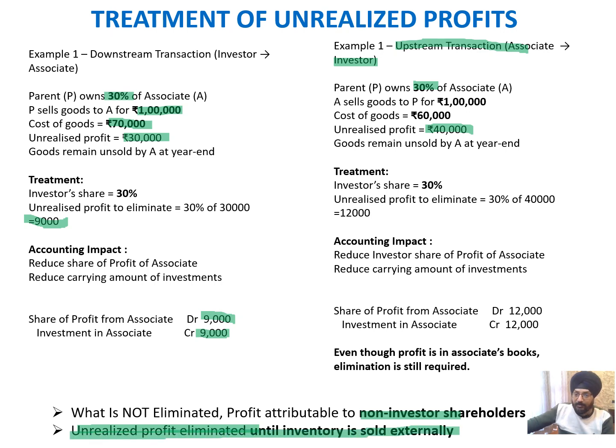The moment it is sold to a third party, it will be re-recognized in my P&L. It is reduced from my profits because it is unsold. So when it is sold, it will be credited back to my P&L, and the carrying cost of the investment would be increased. So we'll move to the next slide.